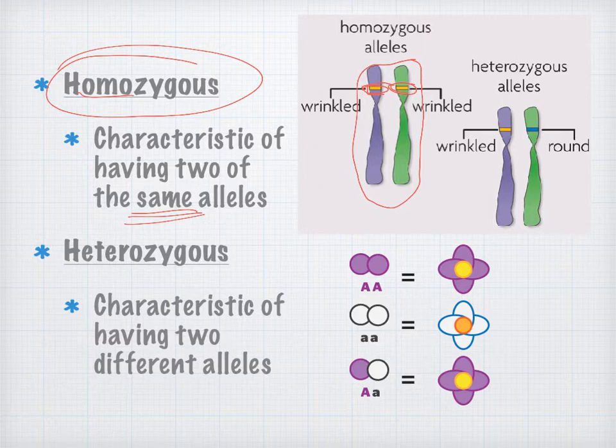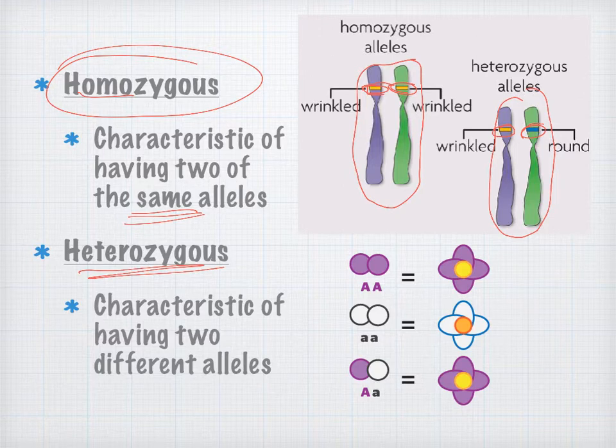Now these are heterozygotes, and again, one is coming from mom, one coming from dad. This purple one carries the gene for wrinkled seeds, and this one carries for round. So homozygous, they're the same, wrinkled. Heterozygous, you have one of each, or two different alleles, one wrinkled, one round.